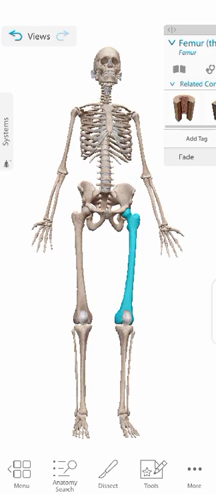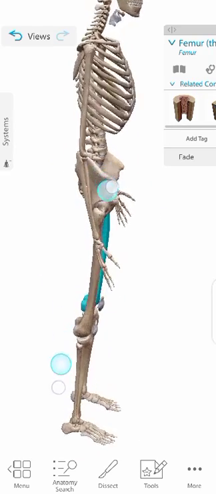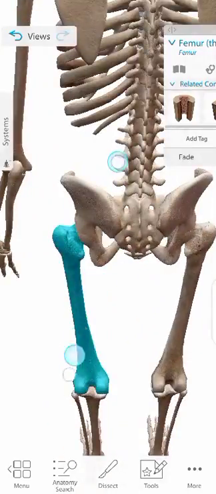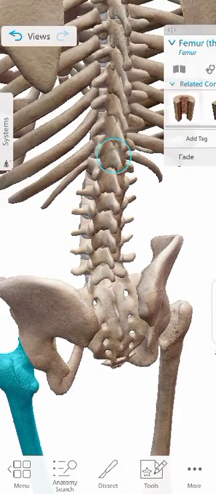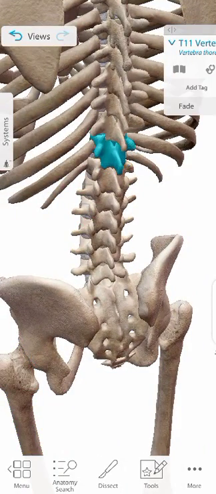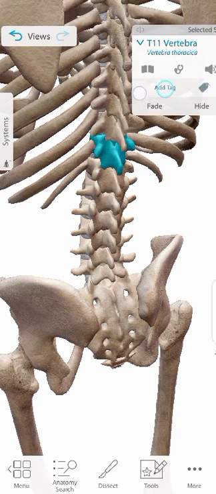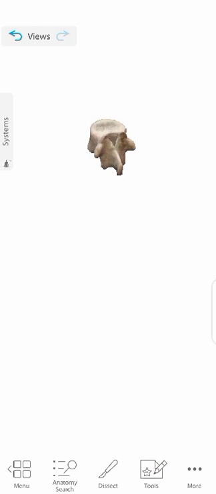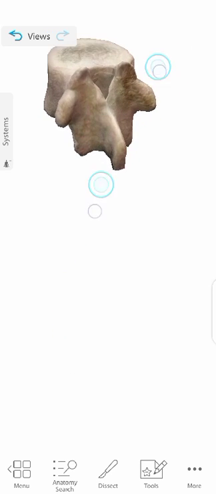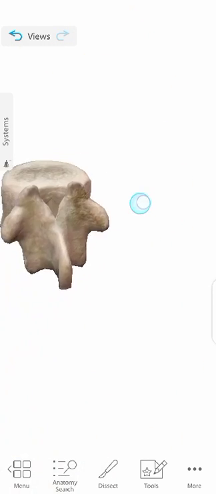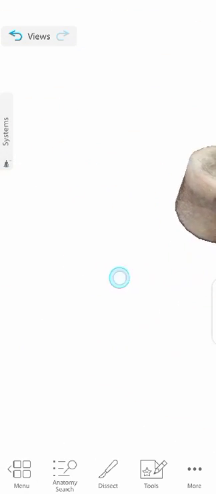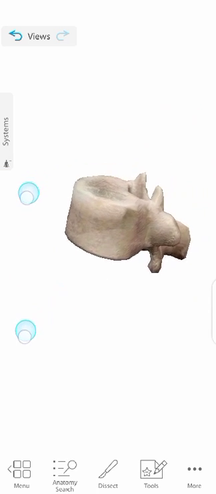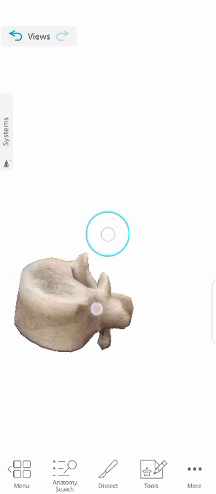Now the next word to look at is a facet. A facet is also an articular surface. For a facet, we might want to take one of the vertebral bones and isolate it.